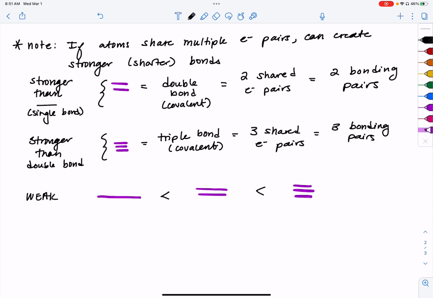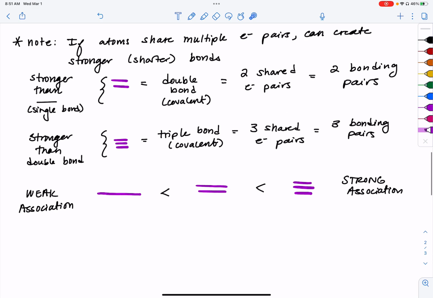So weak or small or low association, and over here, strong or large association, because there's a greater degree of sharing or covalency in the triple bond compared to my single bonds and double bonds.